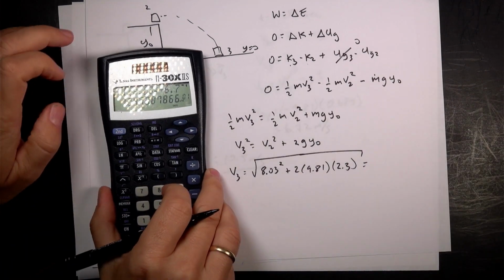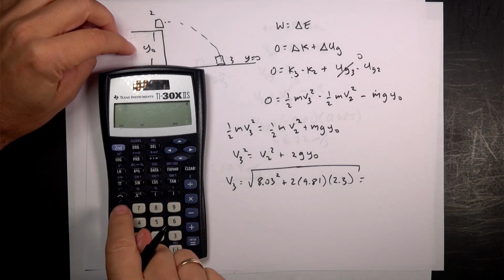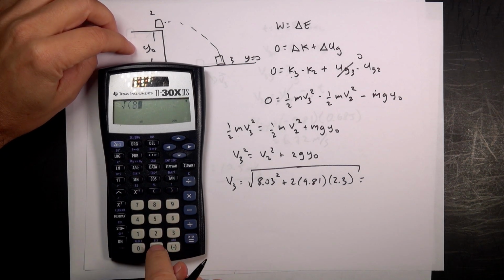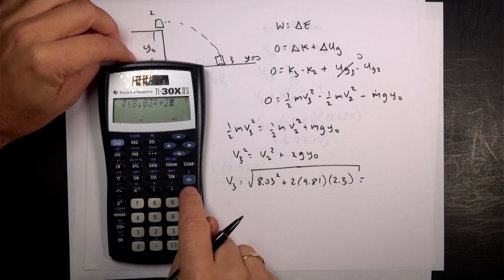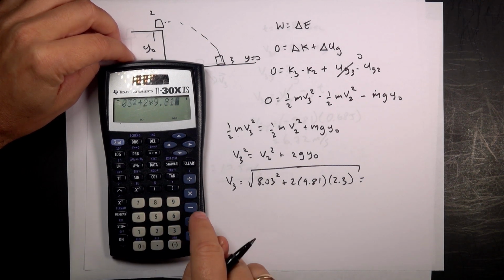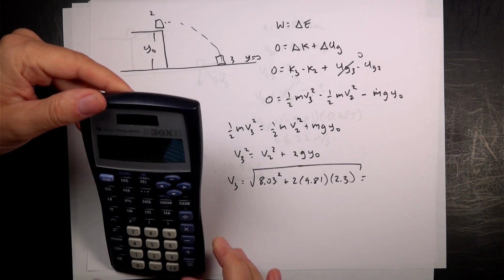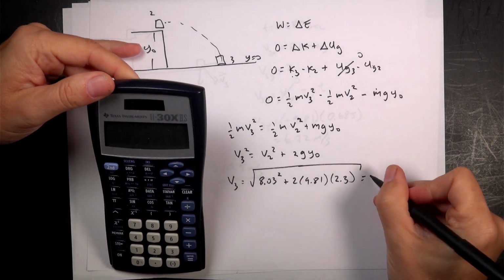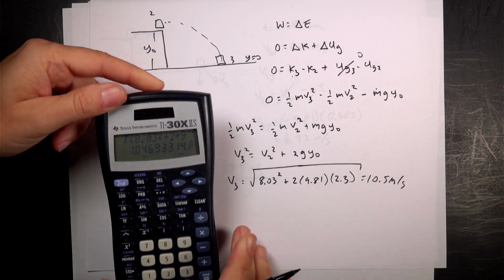So let's put that in the calculator. Clear, square root, 8.03 squared plus 2 times 9.81 times 2.3, close parenthesis, equals, oh look, 10.5. 10.5 meters per second. Get the same thing.